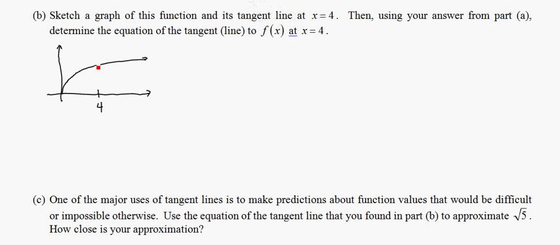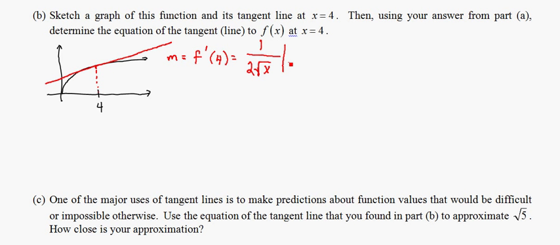I like tangent lines in red. That's not too bad for freehand. Alright, I want to know what its slope is. Let's keep the slope in red. Slope is always going to be the derivative at a particular value of x. Well, we know that the derivative is 1 divided by 2 times the square root of x.